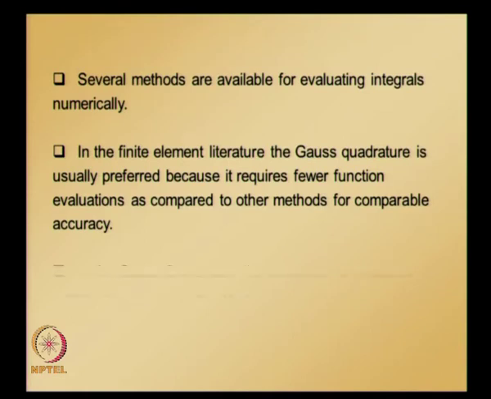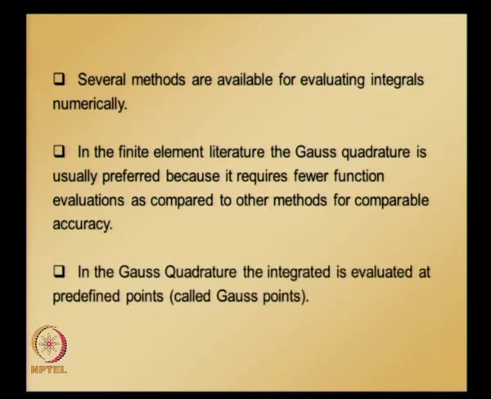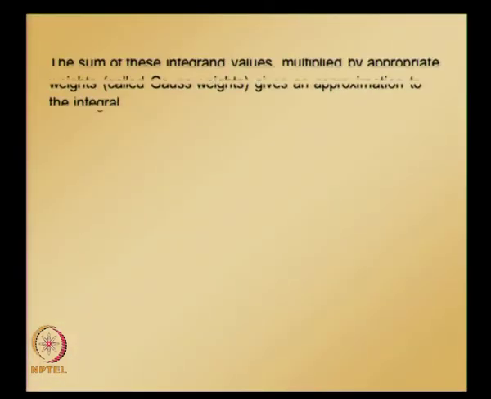In Gaussian quadrature, the integrand is evaluated at predefined points called Gauss points, and some of these integrand values multiplied by appropriate weights called Gauss weights give an approximation to the integral.